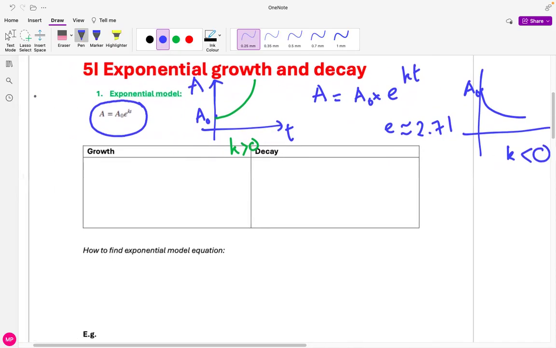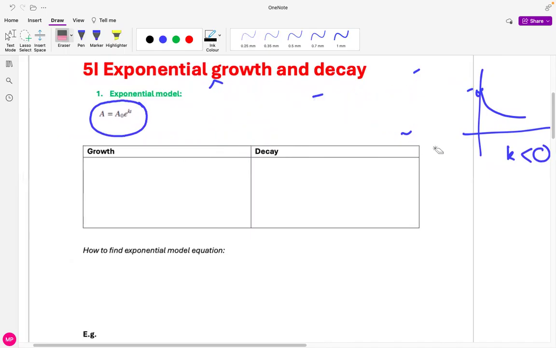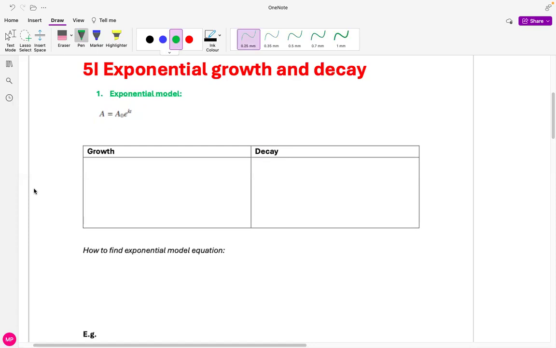Just keep in mind that the exponential model can be in different forms, depending on the questions and the curriculum you're learning. So, for example, I could have y equals A0 times b to the power of t.